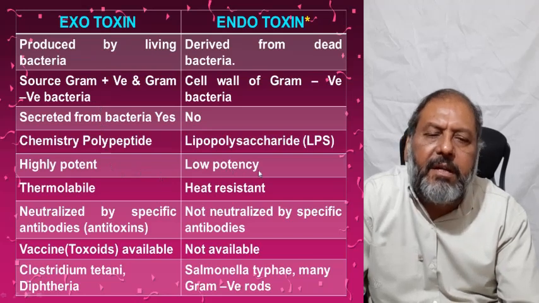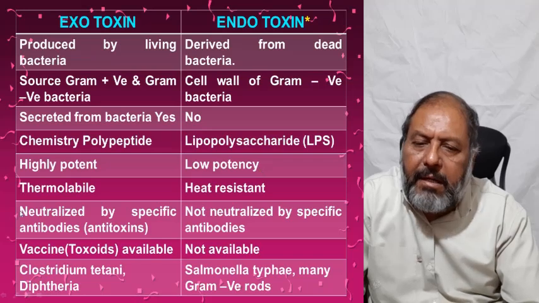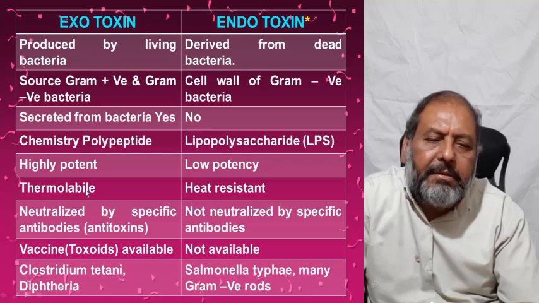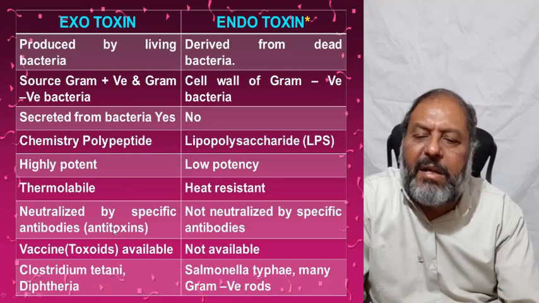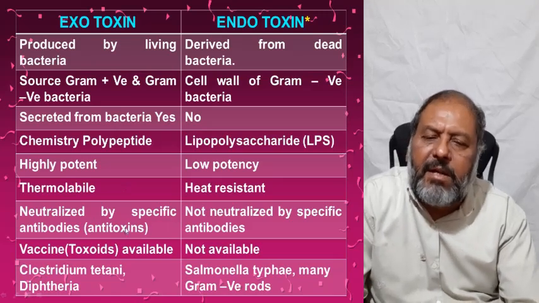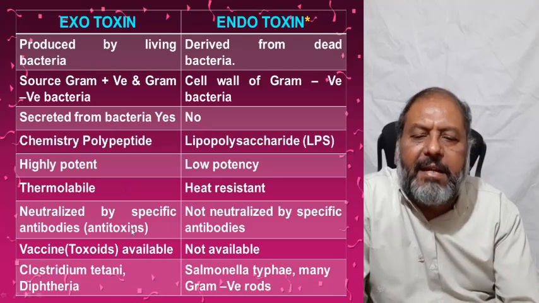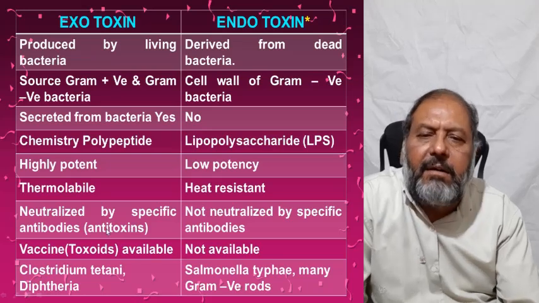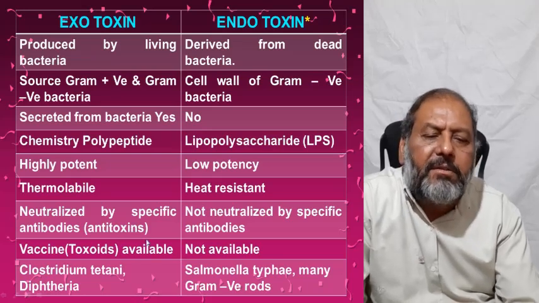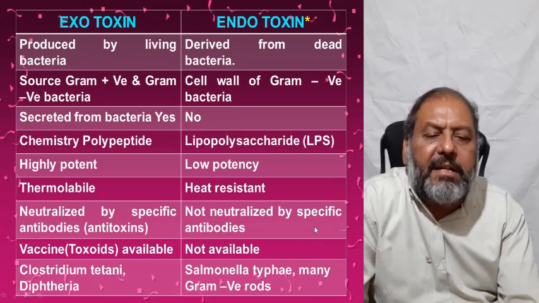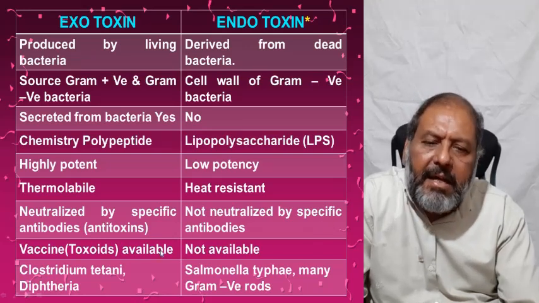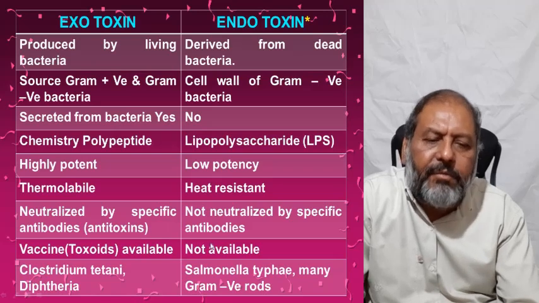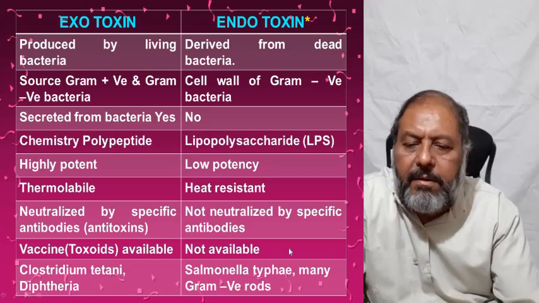Exotoxins are thermolabile, destroyed by heat. Endotoxins are heat resistant. Exotoxins are neutralized by specific antibodies: if an antitoxin is given, it can neutralize the exotoxin, but endotoxins are not neutralized by specific antibodies. Vaccine toxoids are available against exotoxin, but not in the case of endotoxin.